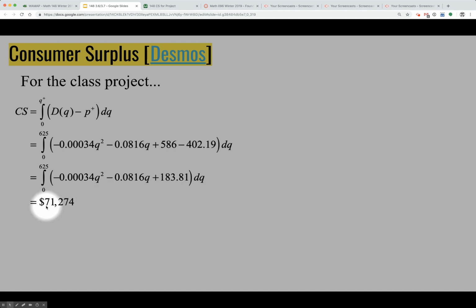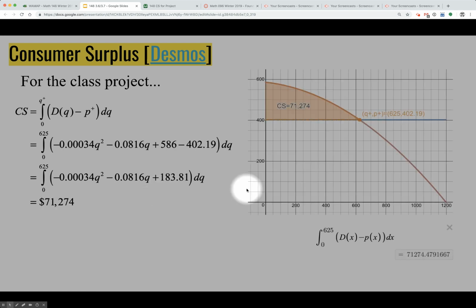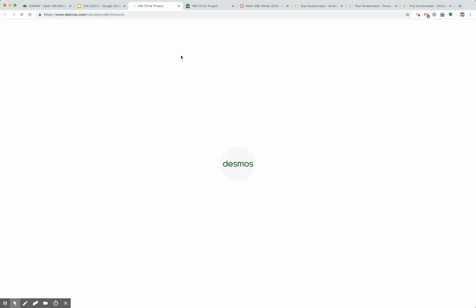And so that is 71,274. So what we're saying here is that the integral of D minus P is equal to this number. This is directly out of Desmos. I'll show you that in a moment. Here's the picture of that. And so this region here, the consumer surplus, is a total of $71,274.